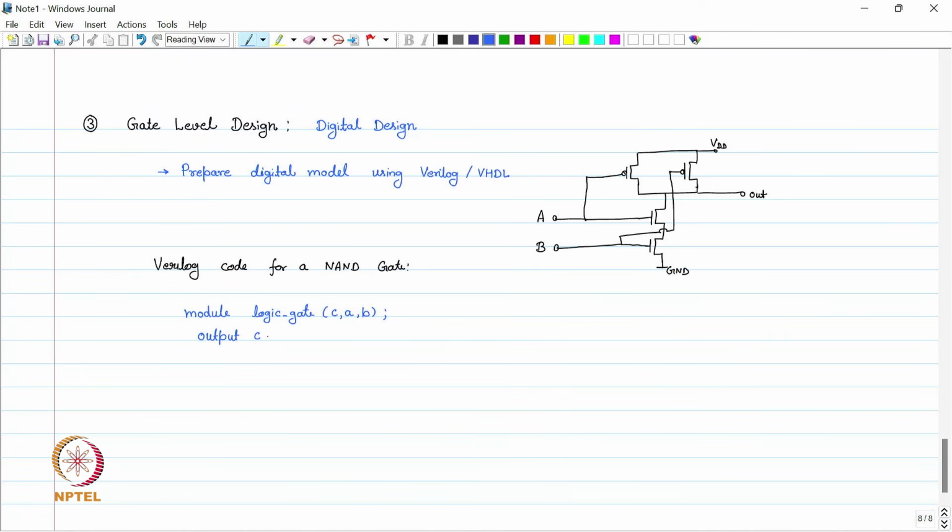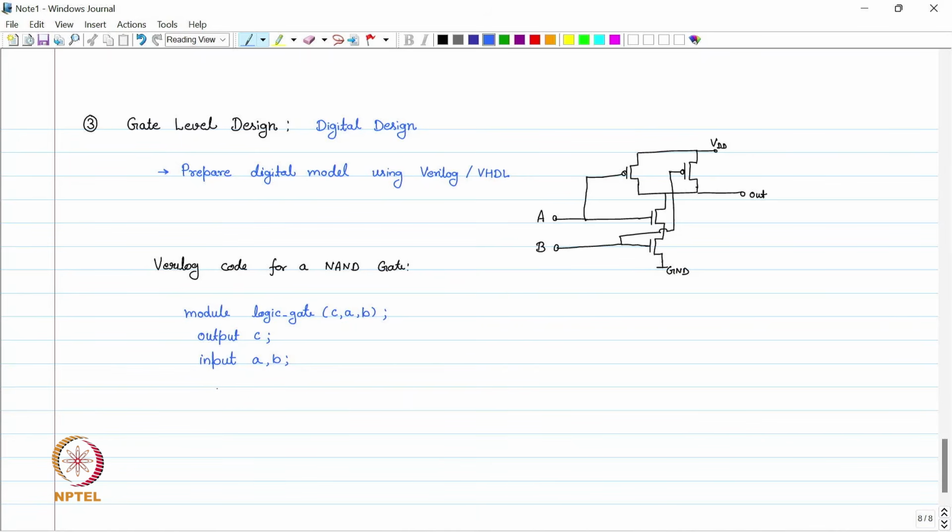Output C semicolon, input A comma B semicolon.